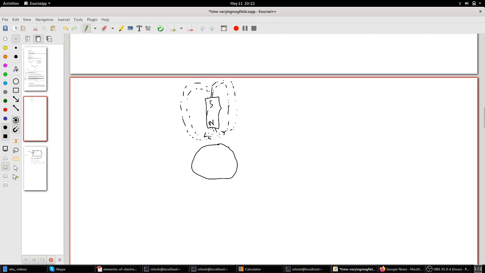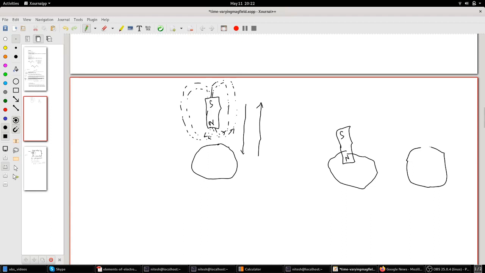Now if I get this magnet closer to this loop, and after that I move it back, so it's back and forth, in one position the north pole will be somewhere here and the south pole here.